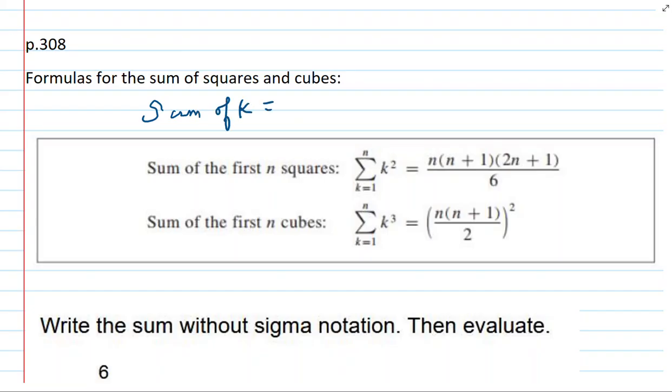That means a list of numbers 1 through 5, 1 through 25, and so on can be calculated by n times n plus 1, divided by 2. So this one is definitely one you should know. These two will always be given to you, and we're going to be using them. So make sure you write these down as reference.